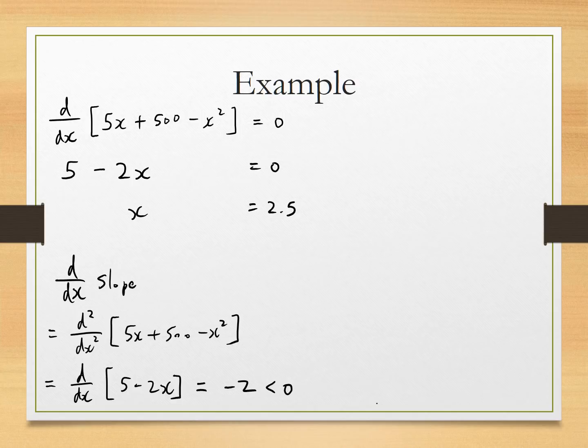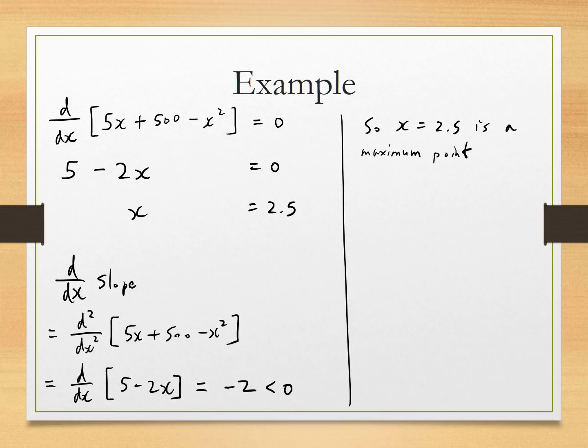So to conclude, x equals 2.5 actually maximizes utility.